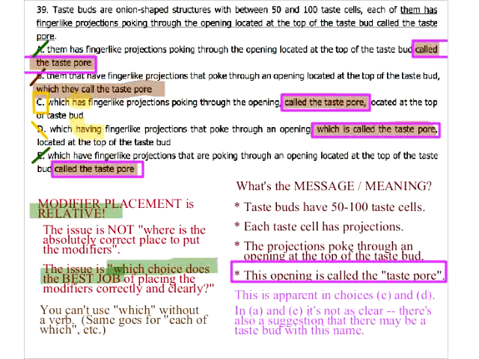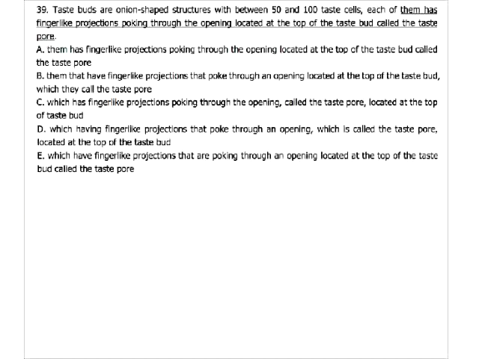So, let's talk about each of which and each of them real quick, and then we'll call it a day here. So here's the same problem. Watch out for run-on sentences.